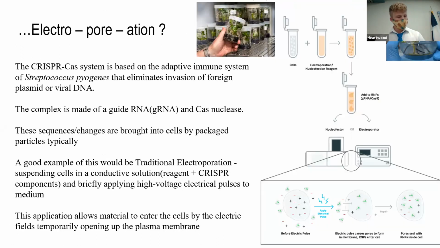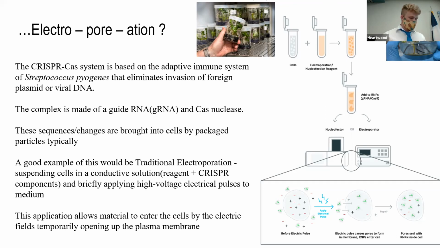Electroporation. CRISPR itself is essentially an immune system from earlier prokaryotes. It's been engineered with its associated proteins to read, insert, replace, or delete certain genes from the DNA. The method of doing this is traditional electroporation, which has been used to give CRISPR access to these genes via opening channels in the cell membrane to allow its transport.